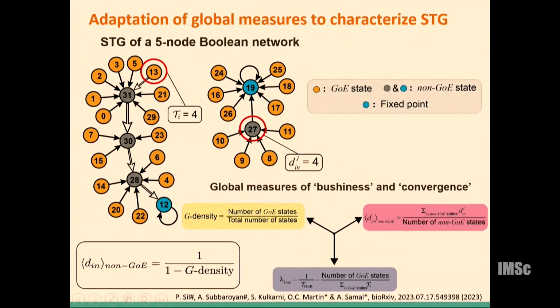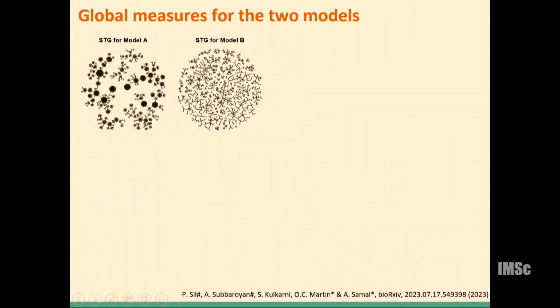Now we have the quantities that we can associate with a state transition graph. Let us see where these two state transition graphs stand in terms of these quantities.